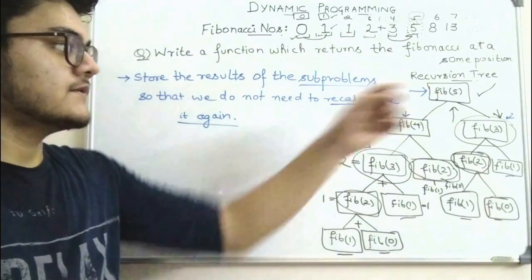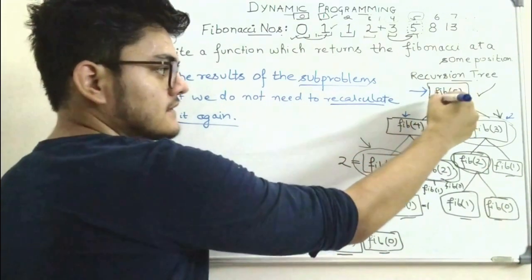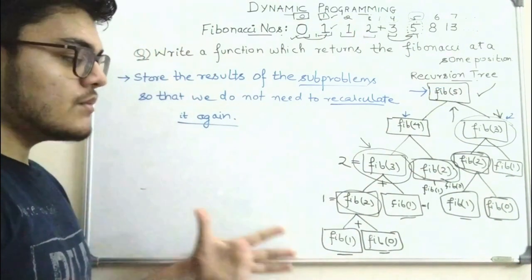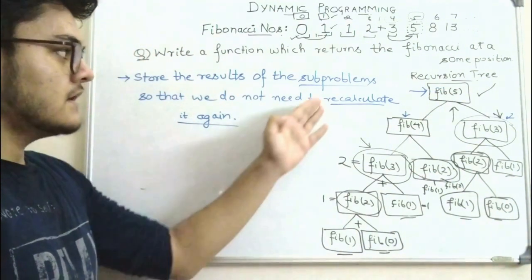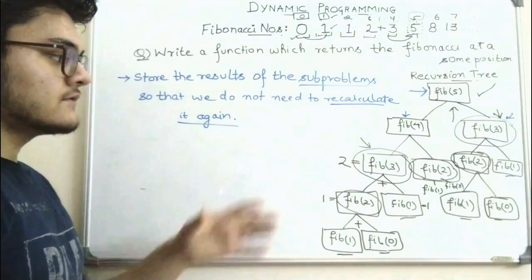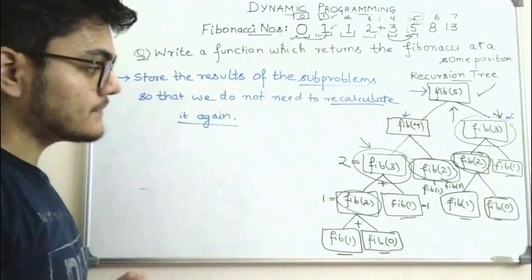As you can see, we are using Fibonacci at 5th position. Let's suppose the user enters Fibonacci of 500. So that will make so many recursive calls to these subproblems which are occurring again and again. So it will take a lot of time to calculate these subproblems.